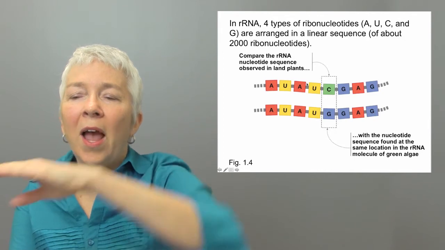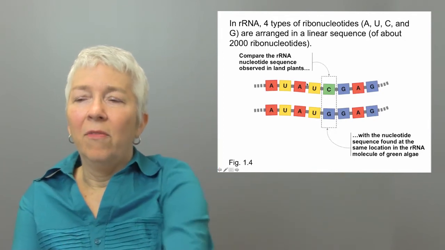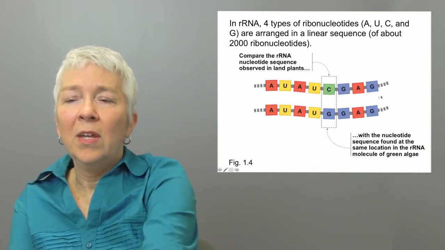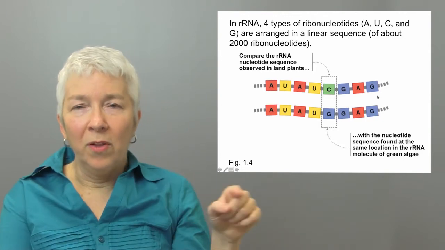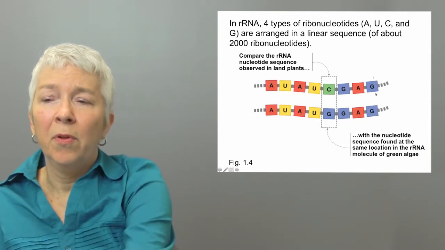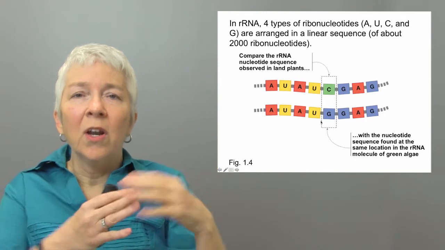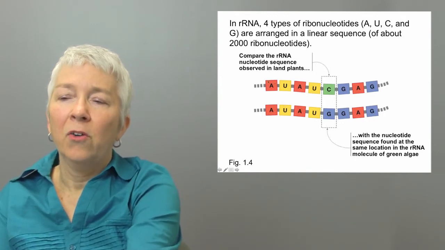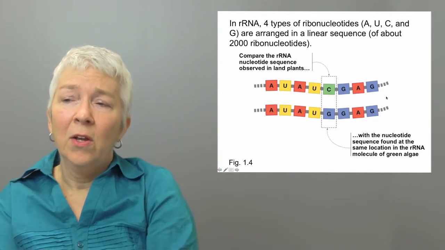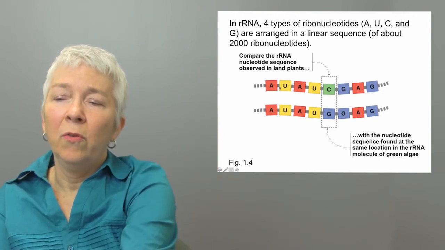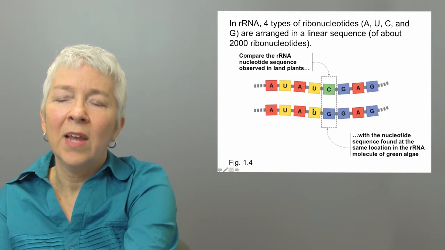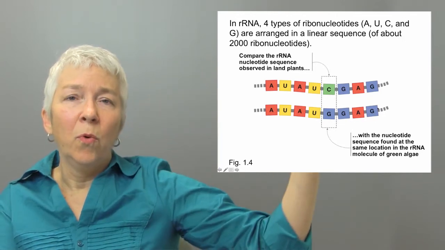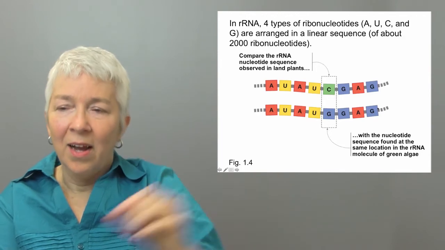One can look at the pattern, or the sequence, of ribonucleotides. So, for example, in this short section of a much longer sequence, one can compare and contrast. Here are 8 ribonucleotides shown. You can notice that the first 4 are the same, and then they differ in this one location here. And then there are 3 more that are, again, identical.